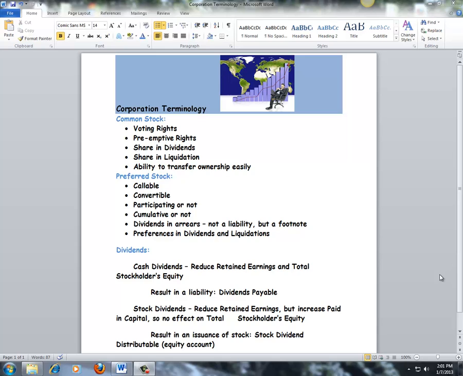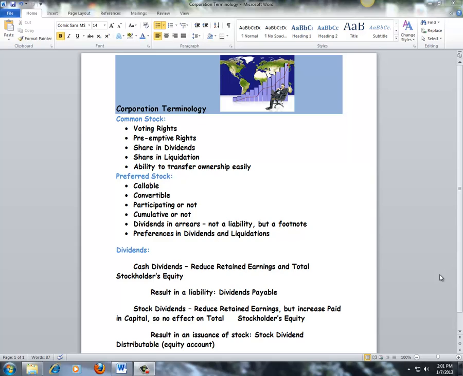The preferred stock can be callable, meaning that the corporation, at its decision, can call these shares back in as they have an expected interest or return rate, and retire these shares and then issue new preferred stock with a lower expected return rate.